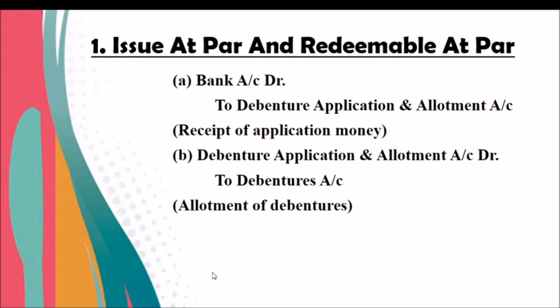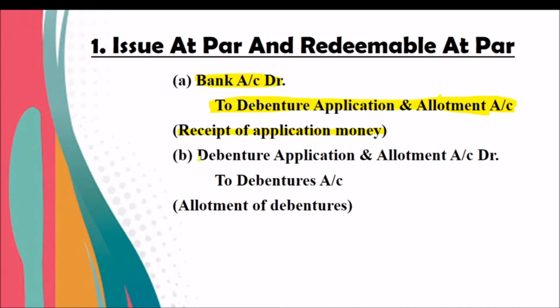So remember the journal entry: Bank account debit to debenture application and allotment, for receipt of application money. When we receive the application money, the entry will be bank account debit to debenture application and allotment.